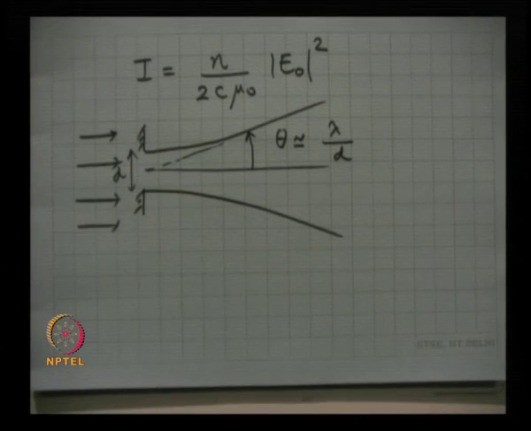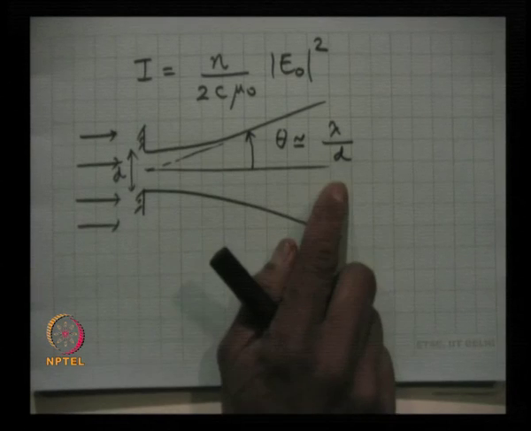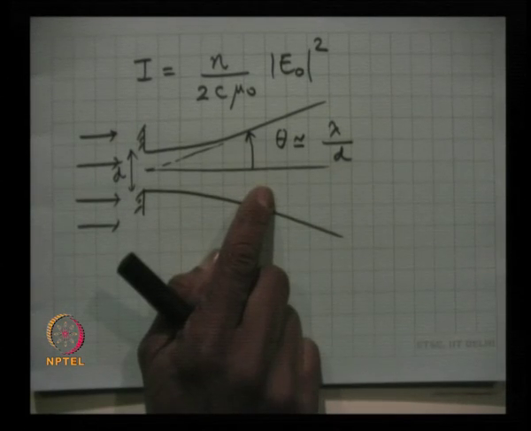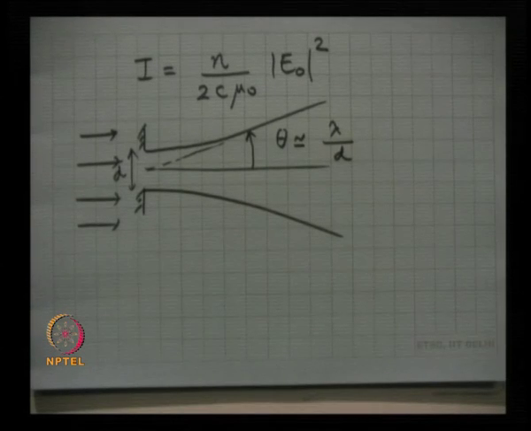So, this angle lambda by d is called the angle of diffraction. The smaller the value of d, the larger is the angle of diffraction. So, it is kind of an uncertainty principle between the width of the beam and the angle of diffraction. If you try to reduce the width, the beam reacts by diverging more.